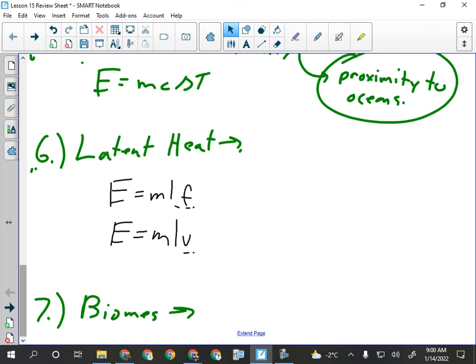And then about 5 questions about heat transfer. That would be conduction, convection, radiation, albedo, all of that kind of stuff. About 5 questions on that. Then some stuff about heat capacity, some more stuff about albedo and absorption and transfer. That's it.